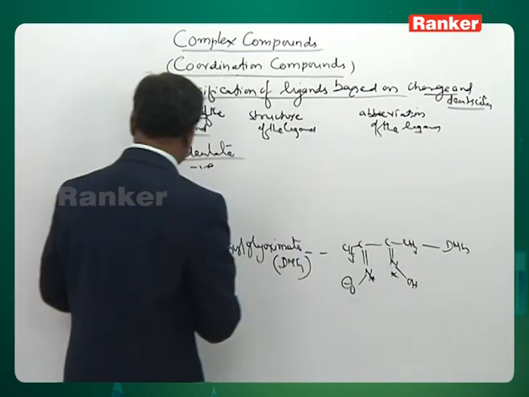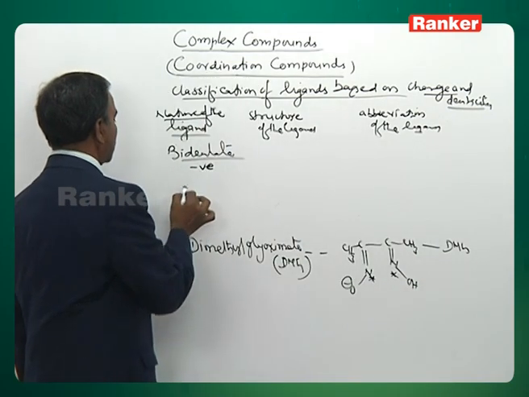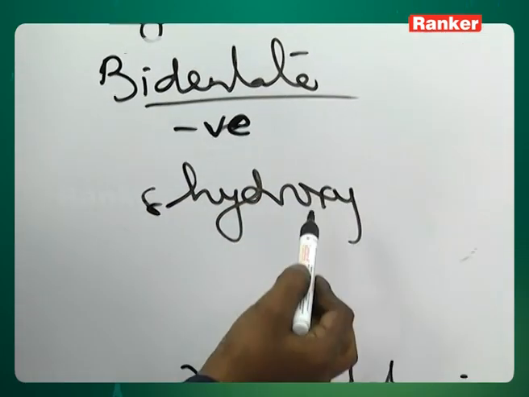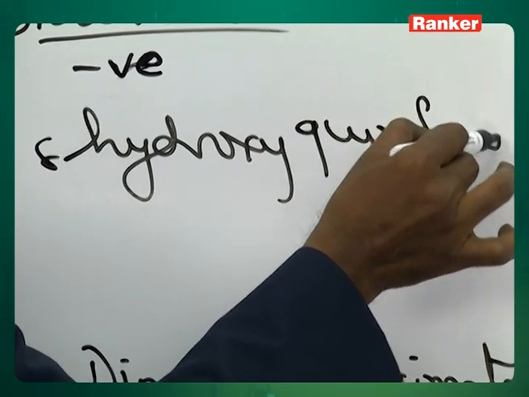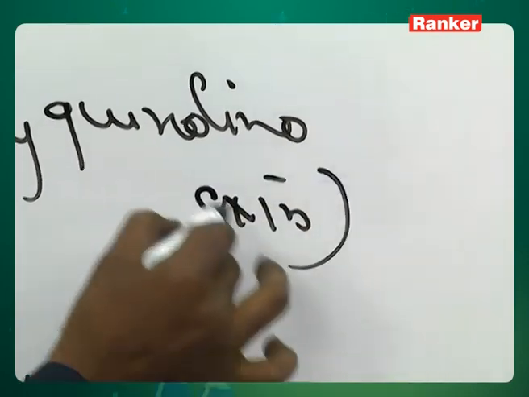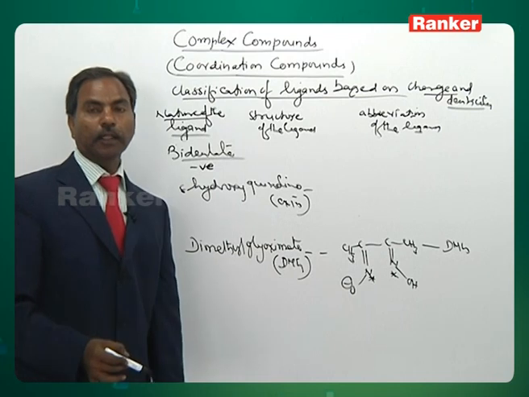Next, 8-hydroxyquinolinone. This is commonly represented as oxygen, single minus. The charge of each ligand is important.